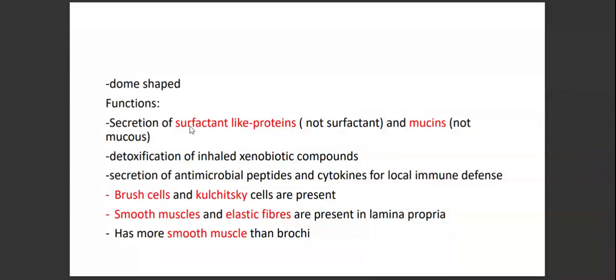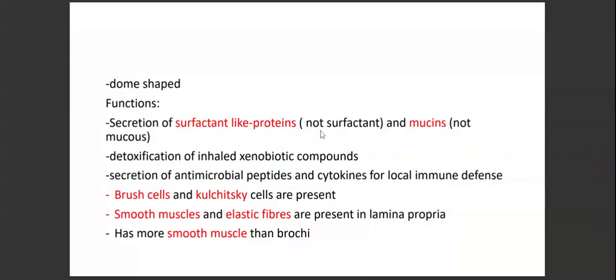These Clara cells do not produce surfactant, but they produce surfactant-like proteins. These proteins are actually lipoproteins, so sometimes they produce surfactant lipoproteins. What is important is that those things are proteins. So they produce surfactant-like proteins and mucins.